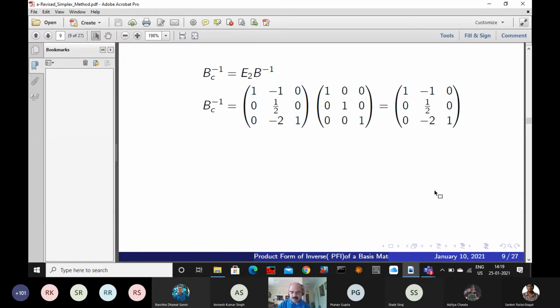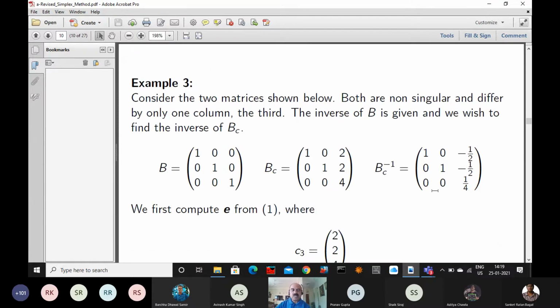Now I'm coming to the third column. If there is a change in the third column, what will happen? For your benefit, I have taken 3 examples: first column, second column, third column, only one at a time. See why it is so. Whenever you are using the simplex method, one is the entering variable, meaning an entering vector. One new vector will come.